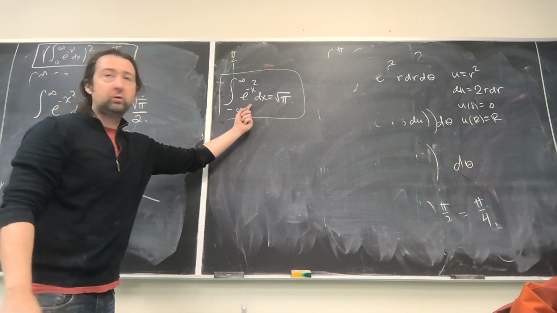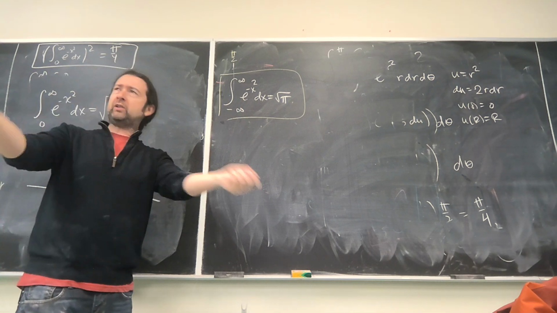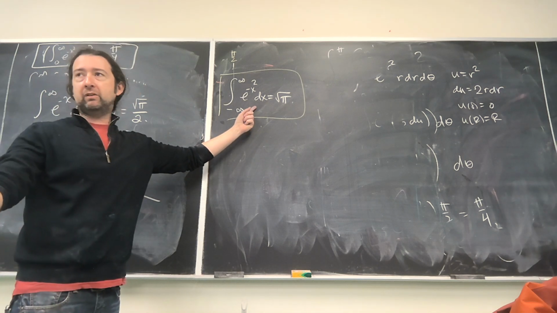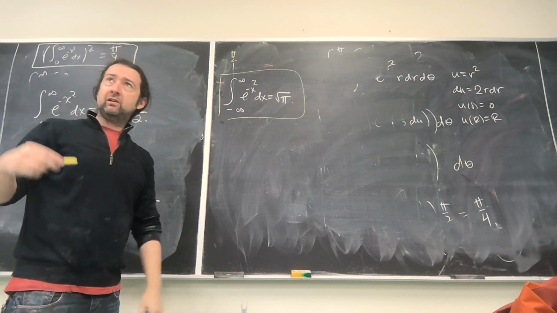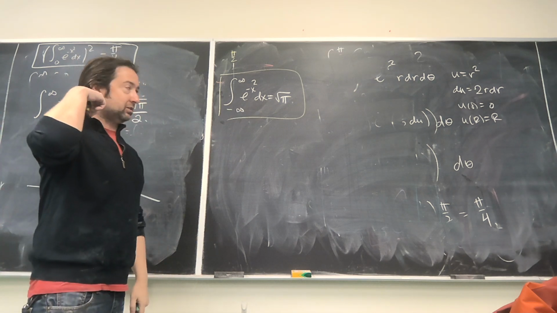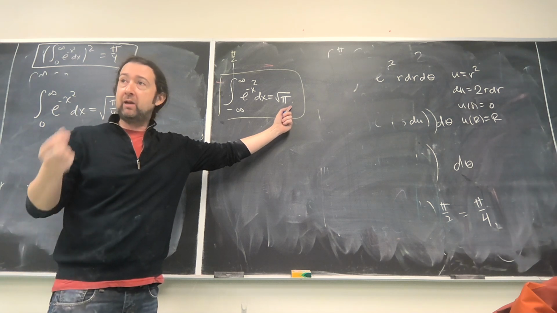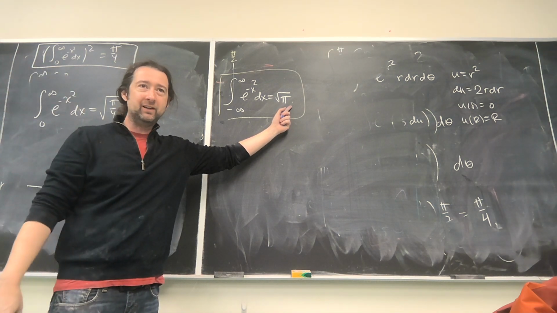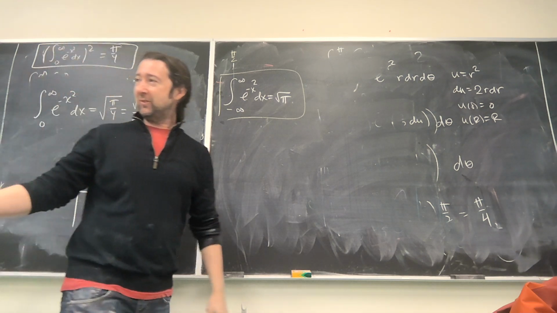There were no circles in what we wrote right here, right? The circles came in when we tricked it in with polar coordinates, but this function by itself has a power series that you could integrate, and the answer would still be root pi. If you're interested, I think 3Blue1Brown actually has a video where he talks about this specific problem and why you might believe there's something more natural about the way the pi shows up. So if you want to nerd out on YouTube and watch the math, because everyone's got all the time in the world for that, right?